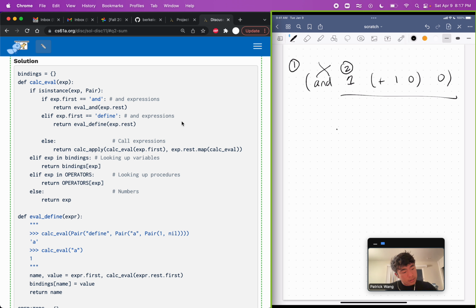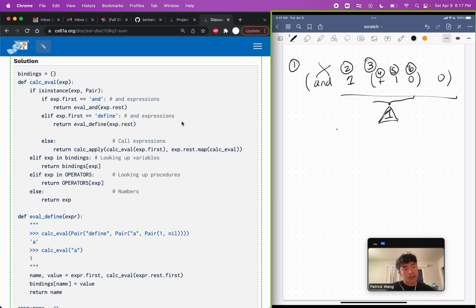Then we're going to evaluate this entire expression, and pretty similar to what we did earlier, we're going to evaluate the plus, see that it's not a special form, and evaluate each of the operands and apply it. So we're going to evaluate that 1, evaluate that 0, and apply that plus on the 1 and the 0. And so that's our first apply. The entire thing evaluates to 1.